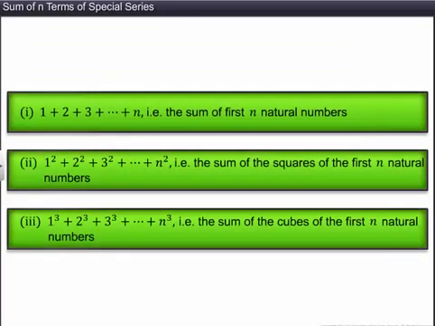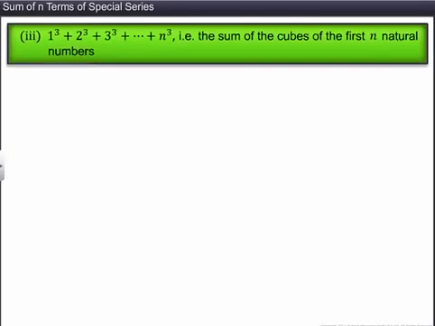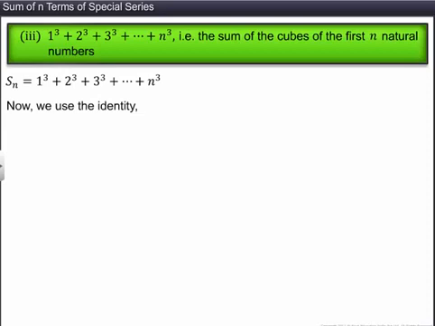Let us now find the sum of the cubes of the first n natural numbers. Let us denote the sum of the cubes of the first n natural numbers by Sn. Now, we use the identity (k plus 1) whole raised to the power of 4 minus k raised to the power of 4 is equal to 4k cube plus 6k square plus 4k plus 1.